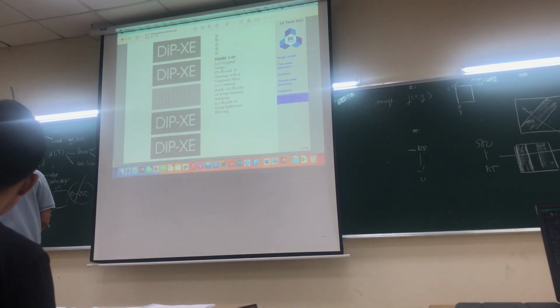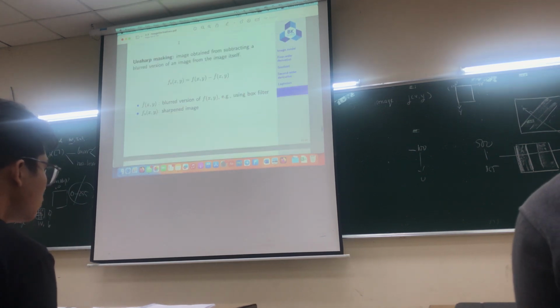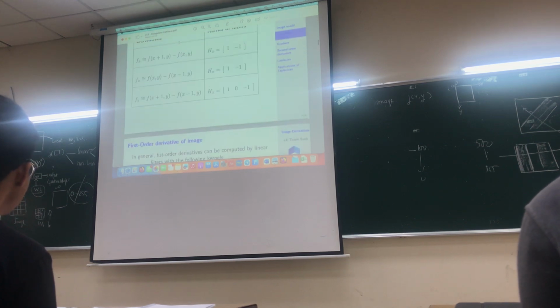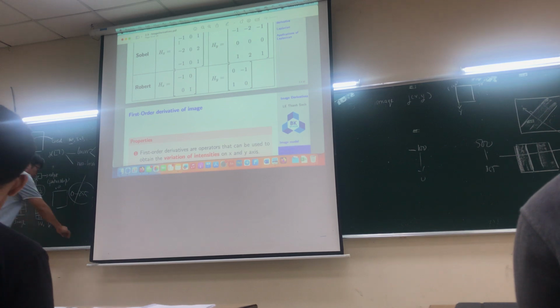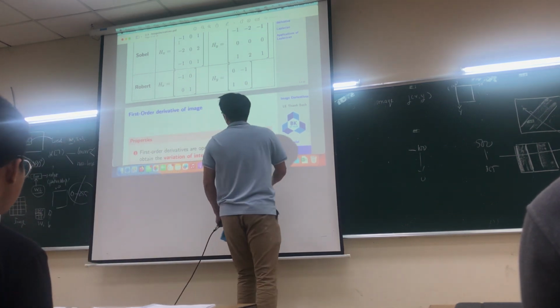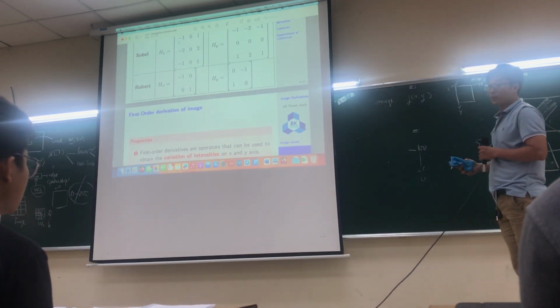Okay, very easy. Because, for example, here, the kernel robot is 2 by 2, right? Because robot detects not horizontal, not vertical, but diagonal. The difference between diagonal and vertical.